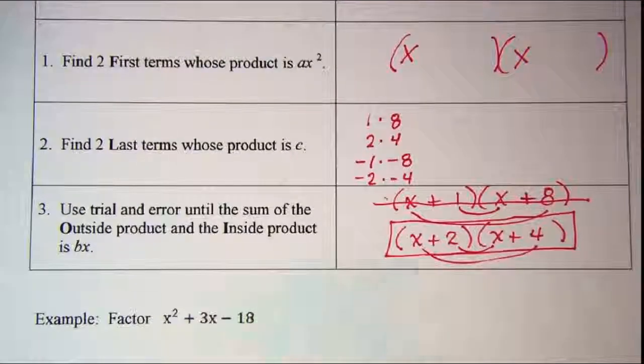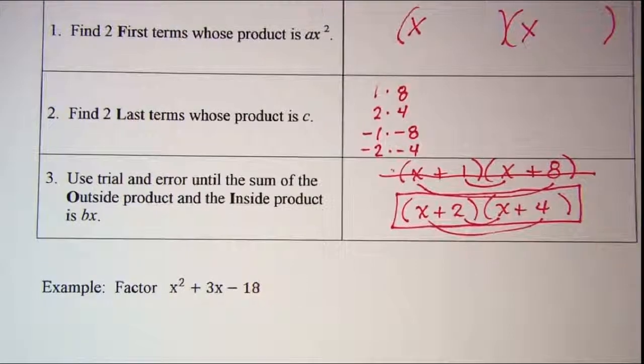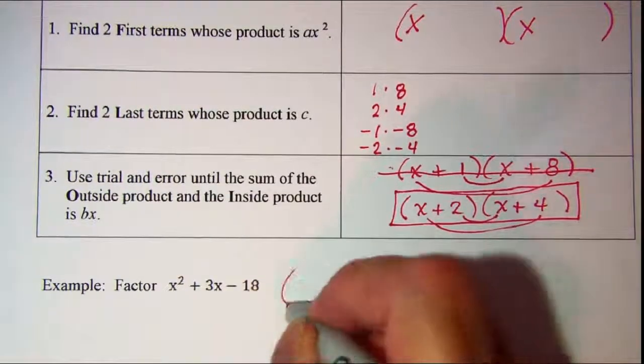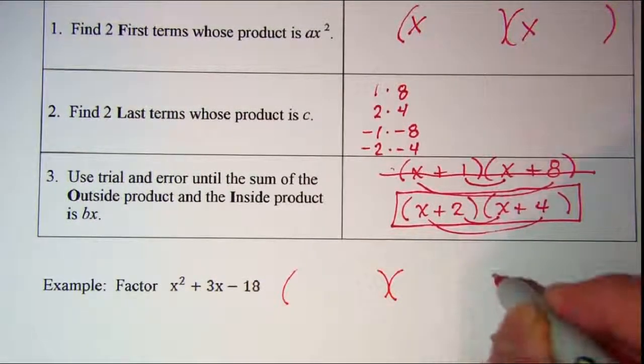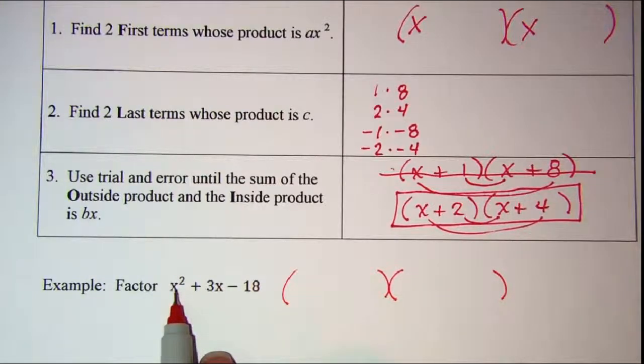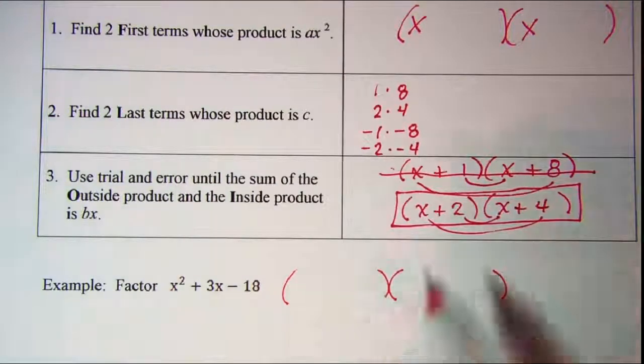So let's try an example here. We're asked to factor x squared plus 3x minus 18. So again, in the first positions, I need two things multiplied together to give me x squared.